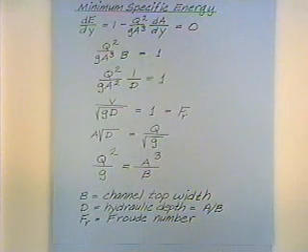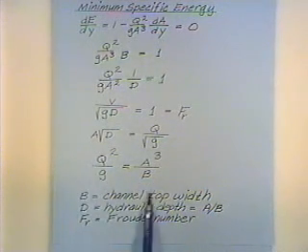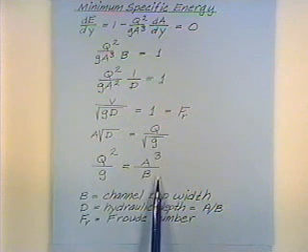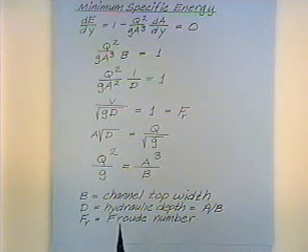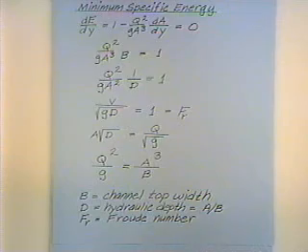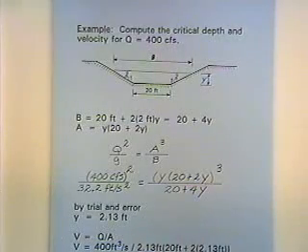What I'm planning for us to do now is take this basic equation, which is valid for the condition in which critical flow is occurring. In this example, we're saying compute the critical depth and velocity for Q equal to 400 cubic feet per second.